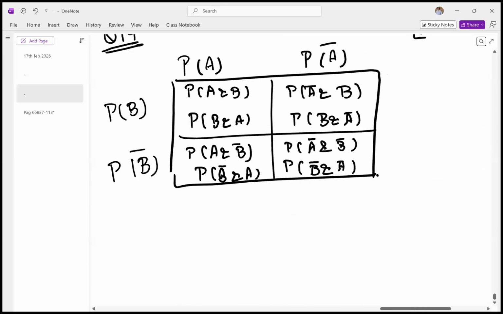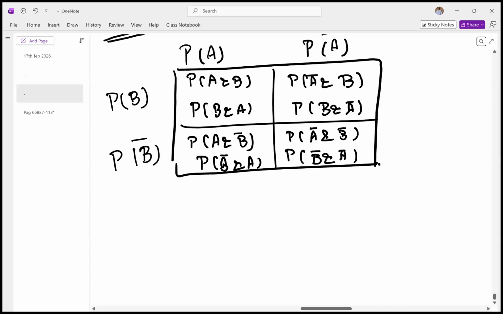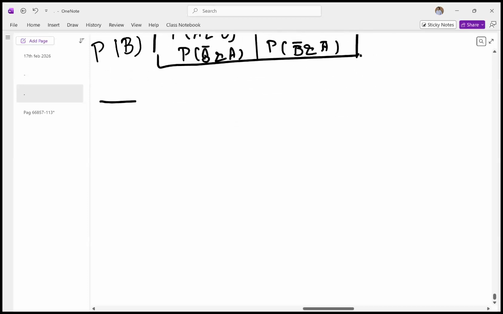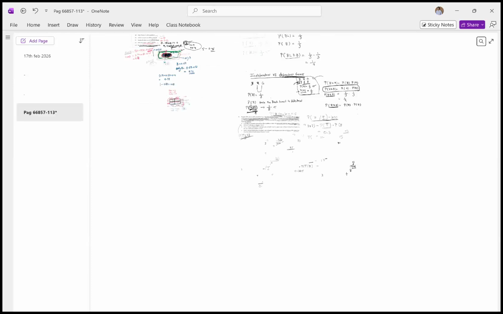Now, let's look into question number 19. I'll highly recommend you pause the video and read that question from the book, page 260. I don't have the question in front of me, let me just read it from here. I have the previous page here.